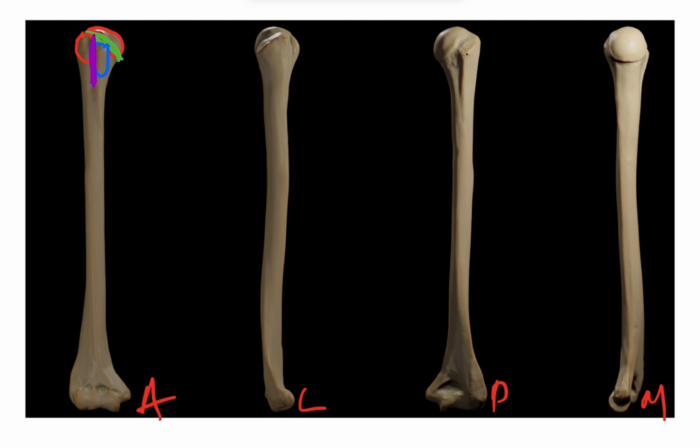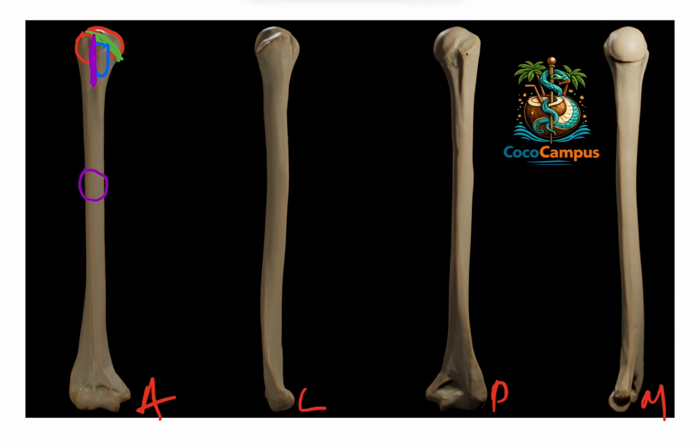Moving on, let's go towards the shaft of the humerus or the diaphysis. Here, we can see on the anterolateral surface the deltoid tuberosity. Here's the insertion of the deltoid muscle.